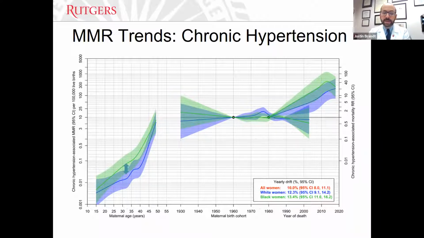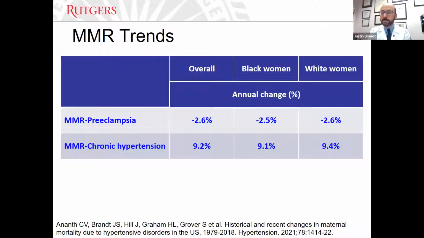So again, age effects were substantial here with the disparity between Black and white women. And then looking at the period effects, we see a substantial increase in the rate ratios for chronic hypertension-associated mortality for Black and white women, with the biggest difference for Black women. So to summarize the trends in maternal mortality ratios associated with chronic hypertension and preeclampsia during this 40-year period from 1979 to 2018, we see a reduction in MMRs associated with preeclampsia during the study period.